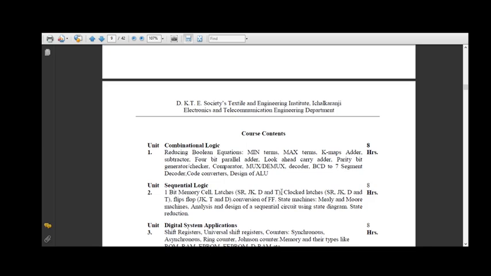In the latches, again, we have clocked latches or simple latches. Then flip-flops, the conversion of these flip-flops, and while converting these flip-flops, how the state machine plays an important role, drawing the state diagram and doing the state reduction are the agenda for this particular unit.